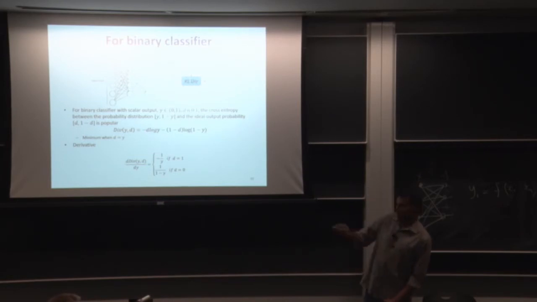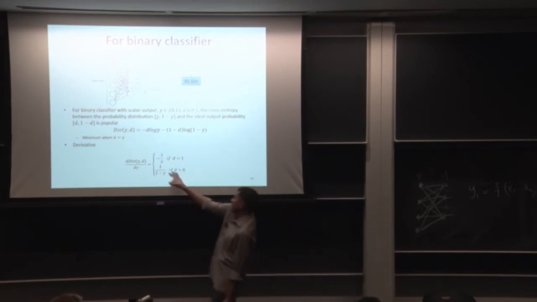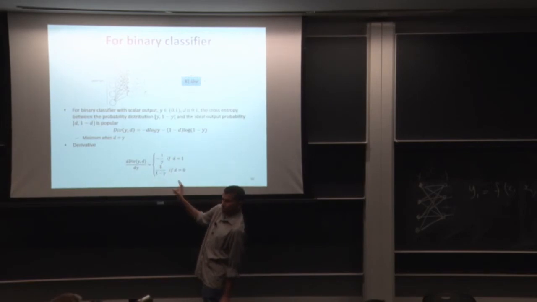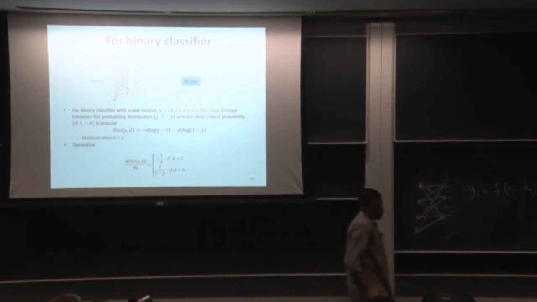Of course, if you compute the derivative of this with respect to y, it's going to be minus d over y plus (1 minus d) over (1 minus y). But d is either 0 or 1, correct? So when d is 1, only the minus 1 over y term remains. When d is 0, 1 over 1 minus y remains. So this is the derivative.